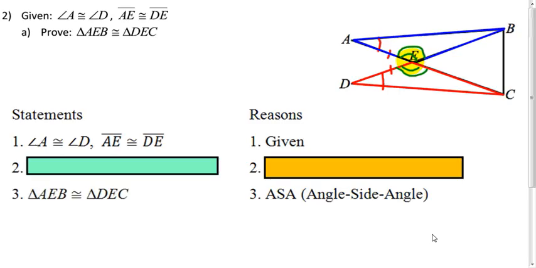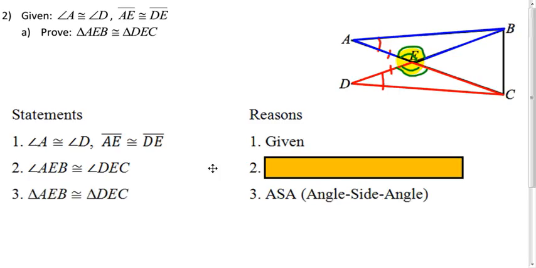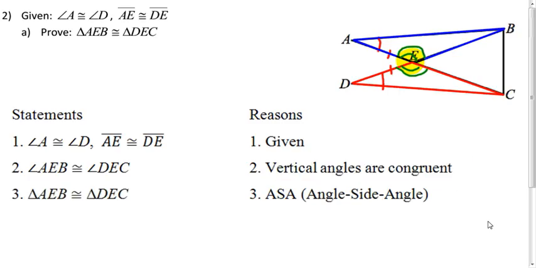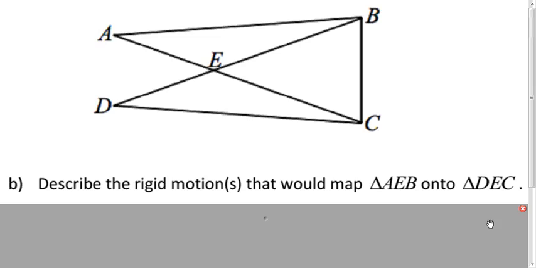Okay, and our middle step here is exactly what we just said. Angle AEB is congruent to angle DEC, because vertical angles are congruent. And once again, what rigid motion can we do to map AEB onto DEC? Well, looks like a reflection, and we can mark up a diagram.